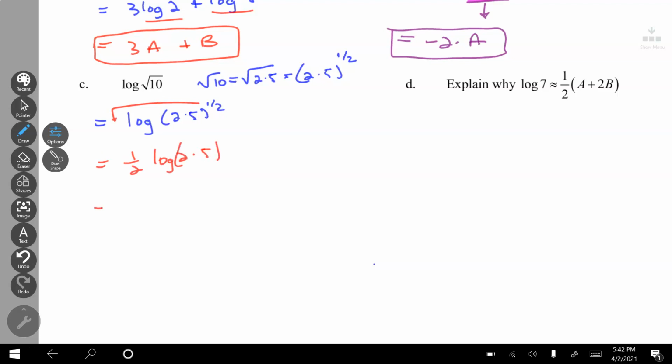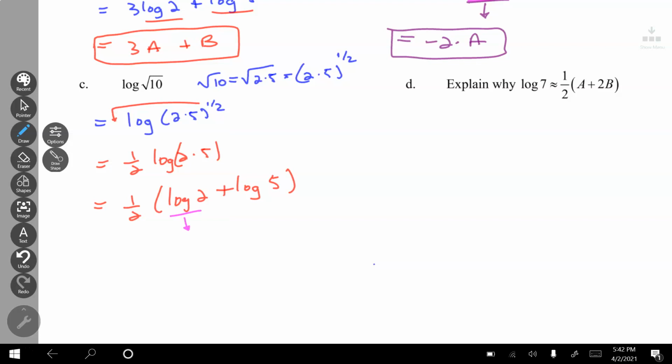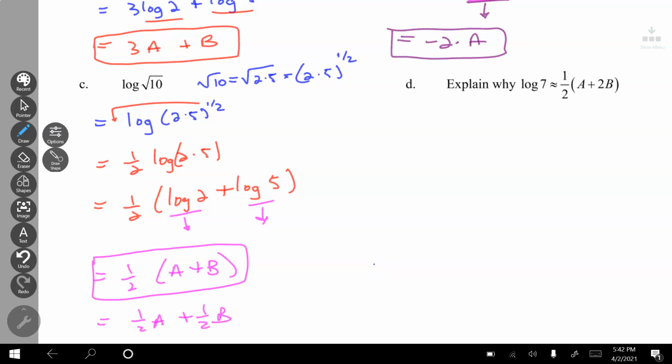I see multiplication, so I could rewrite it as 1/2 times log of 2 plus log of 5, because when I multiply, I can split it up into addition. And then again, by my substitution tricks, I get 1/2 times a plus b as my final result. If you want to distribute it and say 1/2 a plus 1/2 b, that's fine by me, it's all the same.